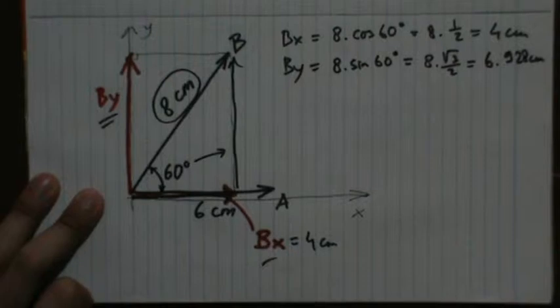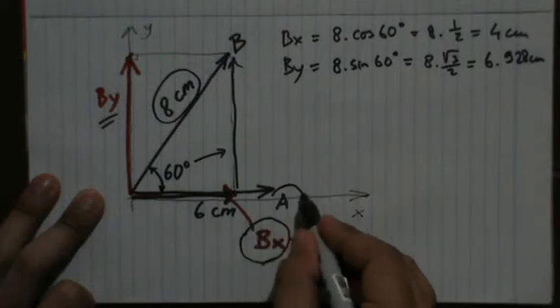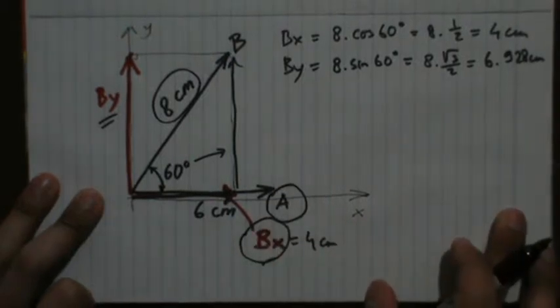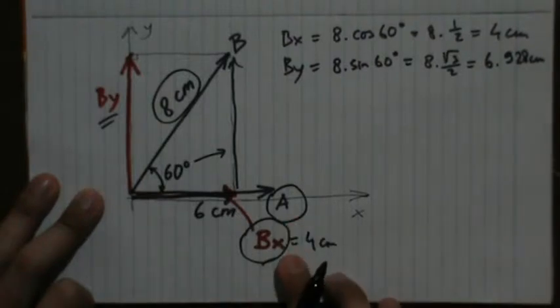And now we can see that the idea of analytical method here is that we can add the vector which have the same direction. In this case, it's vector a and bx.